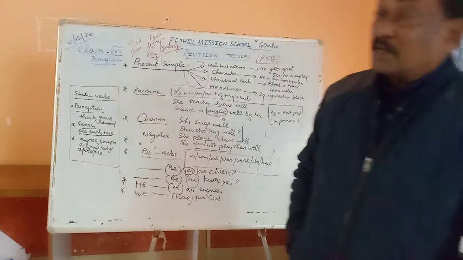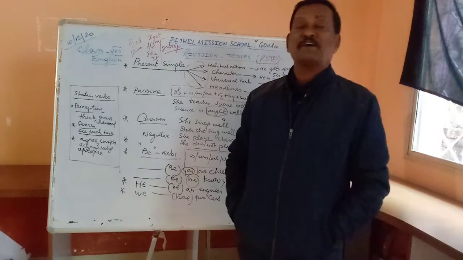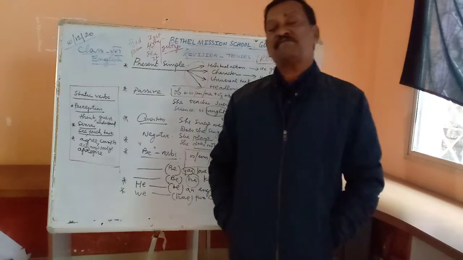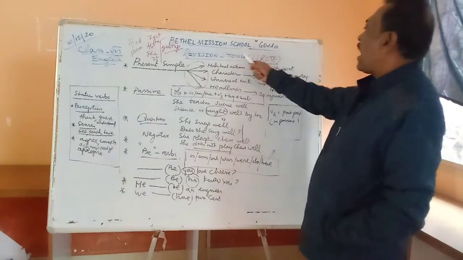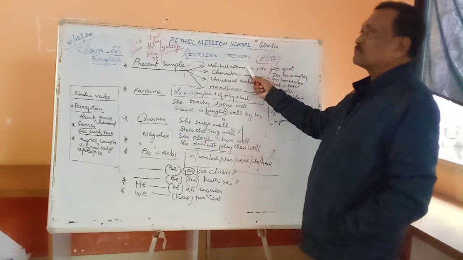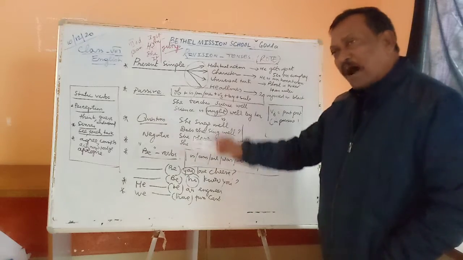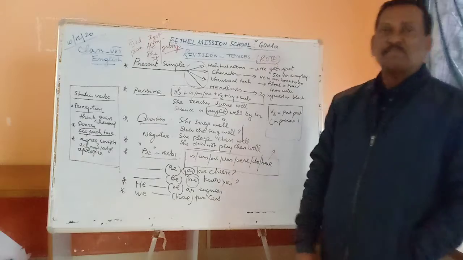My grandmother keeps a fast every Tuesday. Keeps a fast. It's not keep a fast. But I keep a fast every Tuesday. Right? So, habitual action, which you do on daily basis or which is part of your routine, you use the present simple.